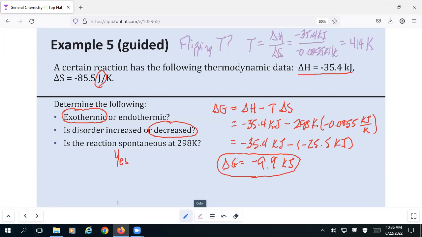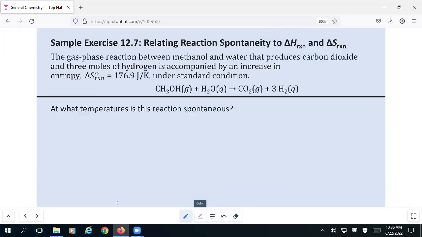And so long as we can keep that value under 141 degrees Celsius, the reaction will run as normal or as proper. All right, any questions? All right, let's look at another one.